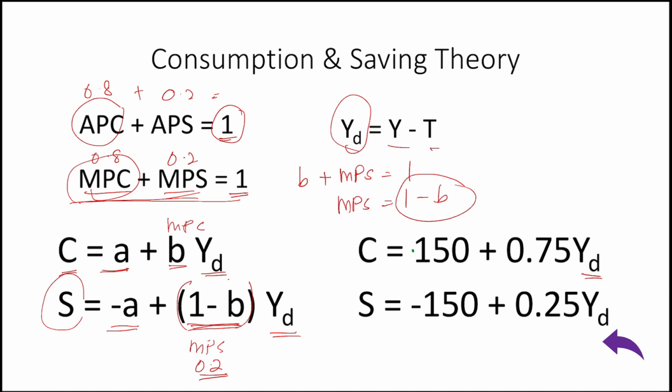So you can convert the consumption function to the saving function with a negative value. Negative 150 plus 1 minus 0.75, you will get 0.25 YD. So for MPS and MPC, when we add these two numbers, you will get the value of 1. Okay, so that is the relationship between consumption and saving theory.